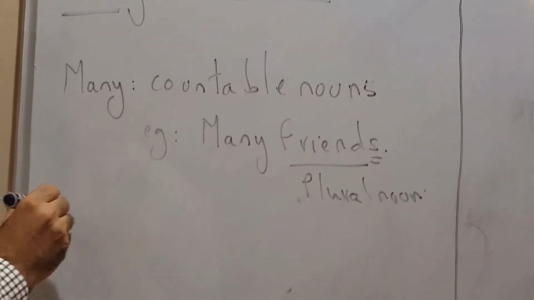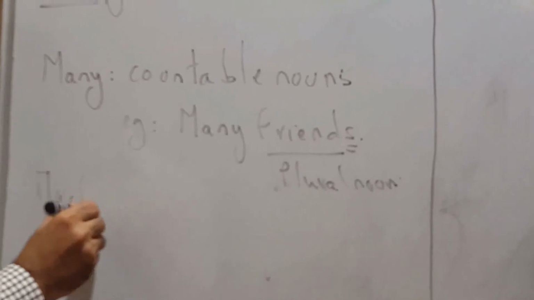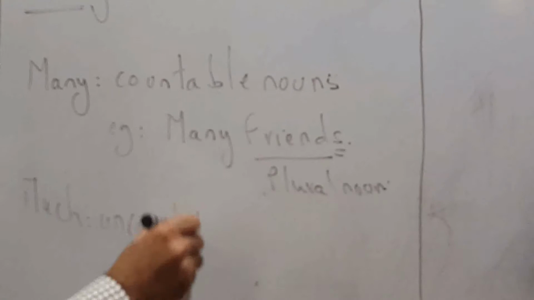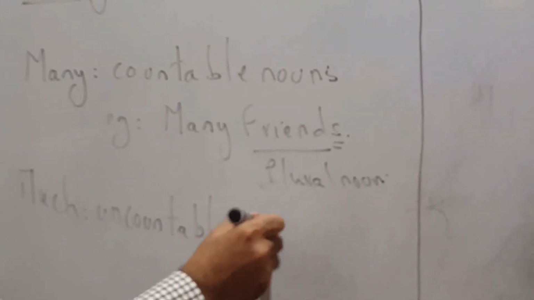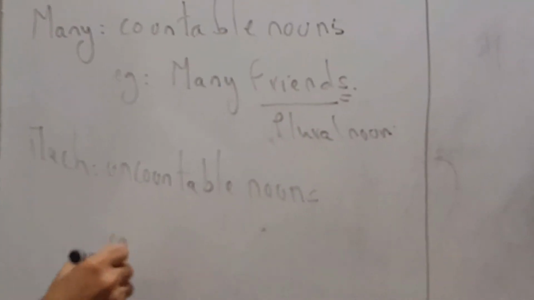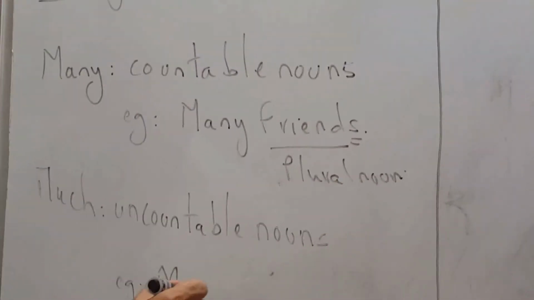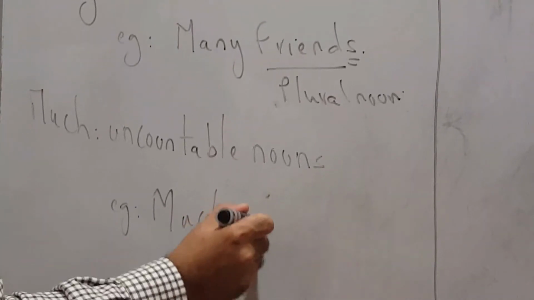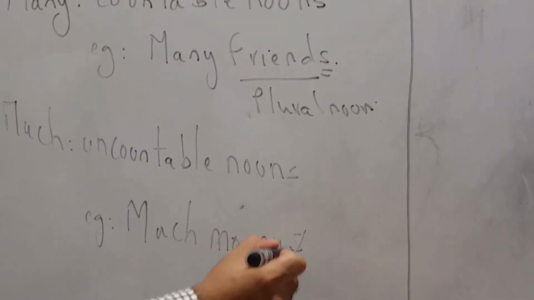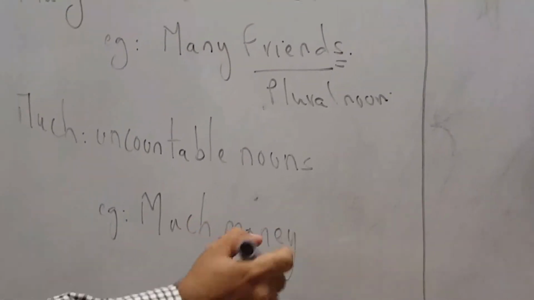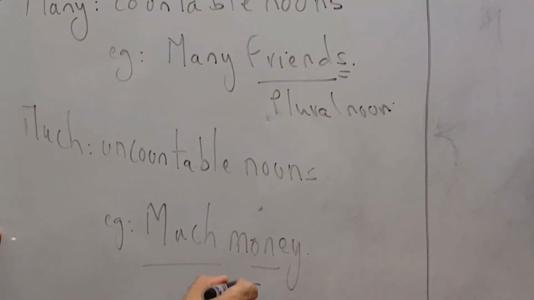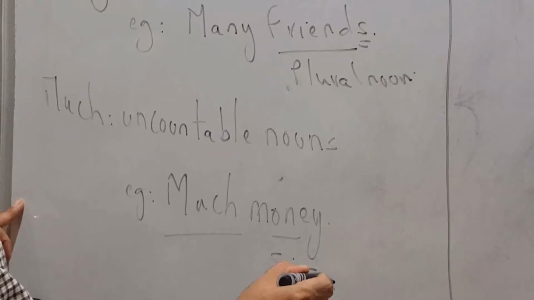While we use much with uncountable nouns. Say, for example, much money. You cannot say much monies. The word money doesn't take an S, so we use much with singular nouns.